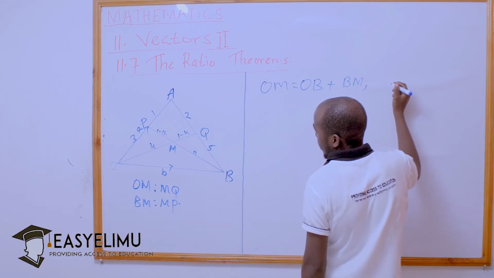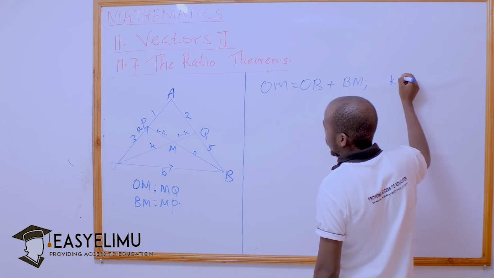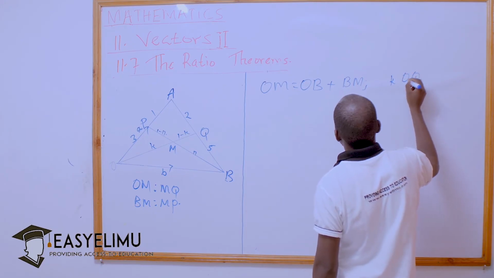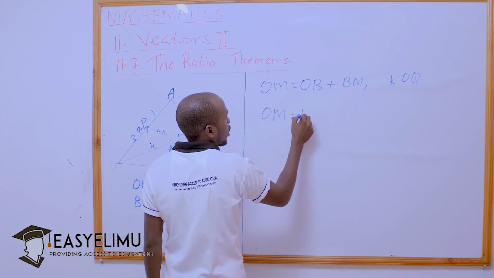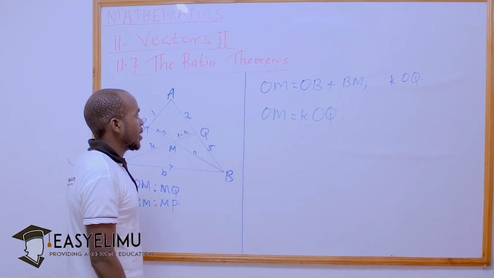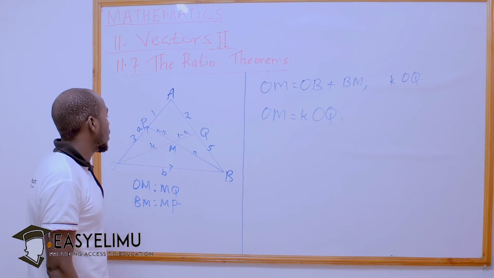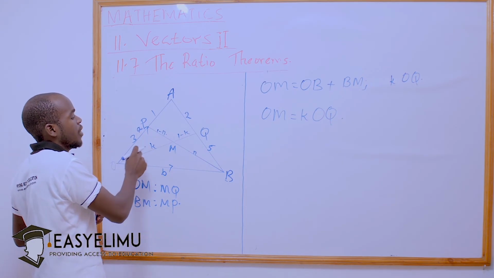Or I can decide to go directly. OM to be K of OQ. I will start with that one. OM equals K of OQ. That is the best. So if you move directly from here to here, you will have K of line OQ.